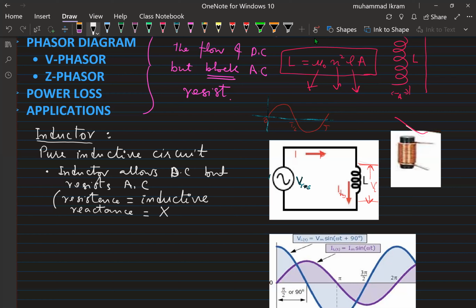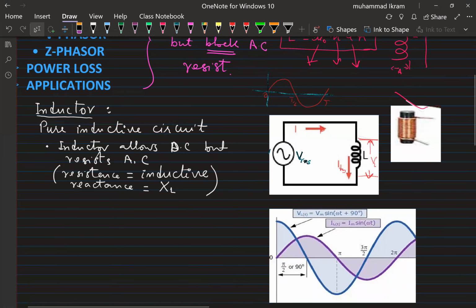We denote the inductive reactance by XL. Why XL? The answer is simple: to differentiate it from the pure resistance R. So X is the resistance offered by the inductor to the flow of current. Clear? This is called the inductive reactance, and we will calculate it also.